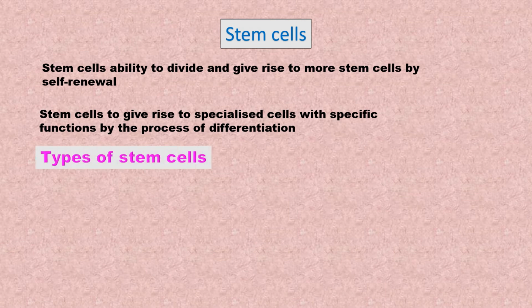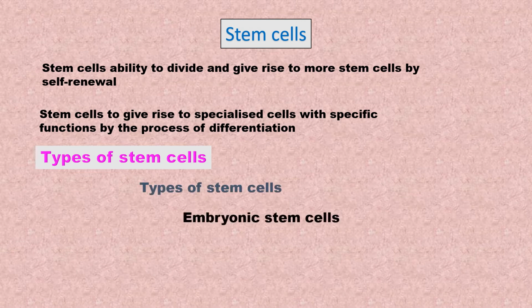Next, types of stem cells. Stem cells are of two types. One is embryonic stem cells. Embryonic stem cells are extracted from the early embryo. Embryo, you already know, after fertilization, the zygote develops into an embryo.